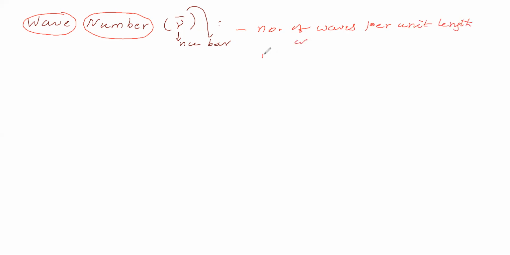Or we can say number of wavelengths, since wavelength means a distance and one wavelength means one wave. Number of wavelengths per unit length is called a wave number.